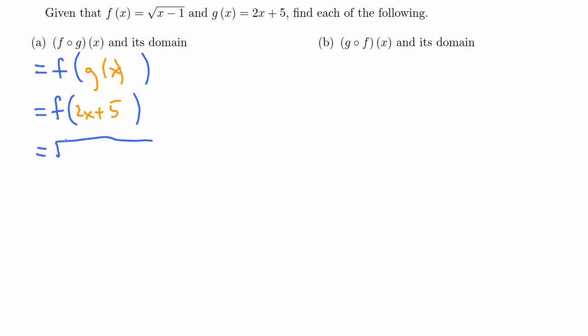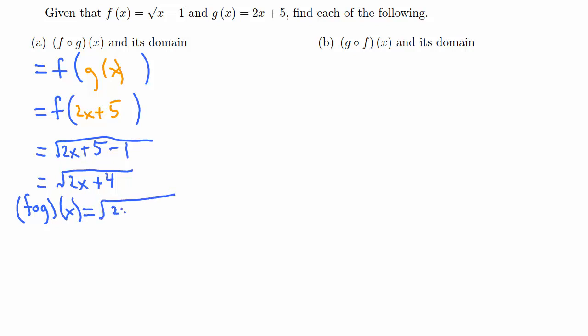So that's going to give me the square root of, instead of x, it's 2x plus 5, and then minus 1. And notice that plus 5 minus 1 is just 4, and that gives me the square root of 2x plus 4. So that means that f composed of g of x is the square root of 2x plus 4.